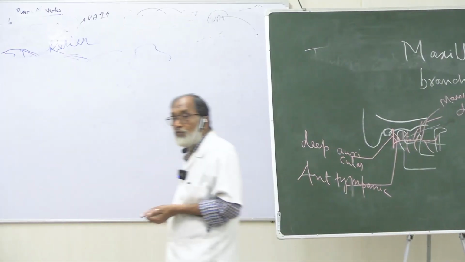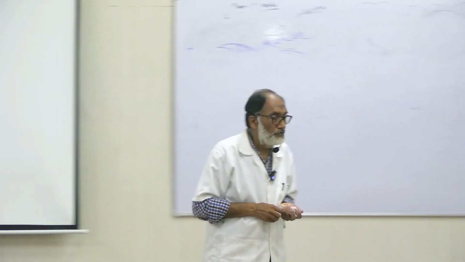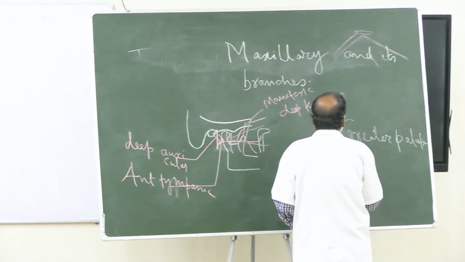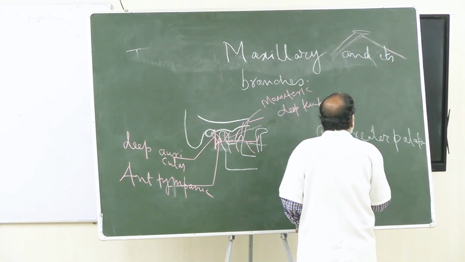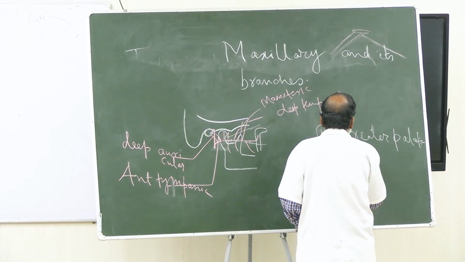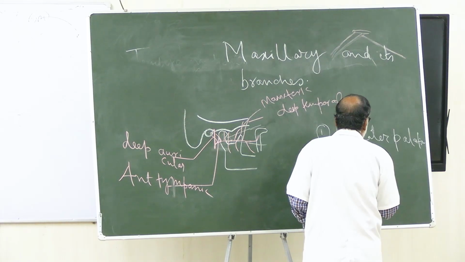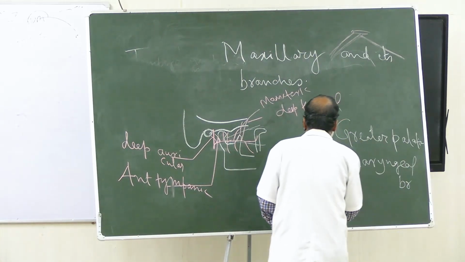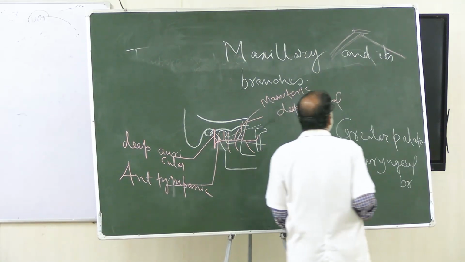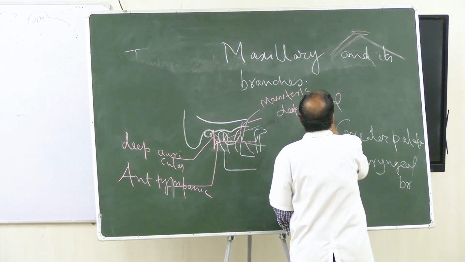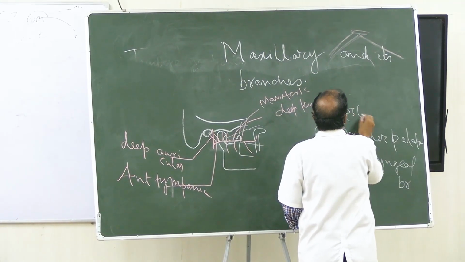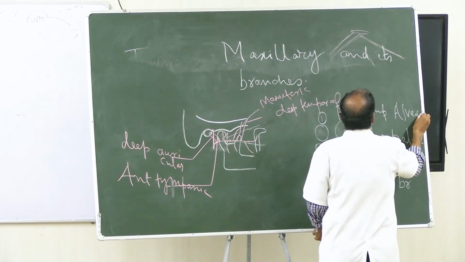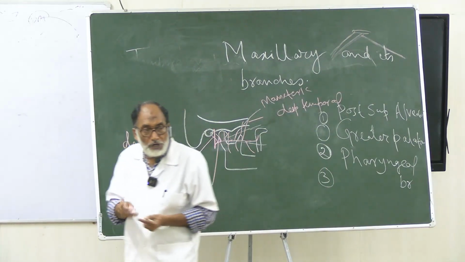Number two, pharyngeal branches. Actually, the first branch should be the posterior superior alveolar.